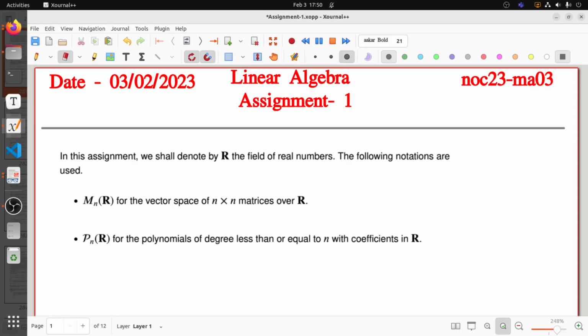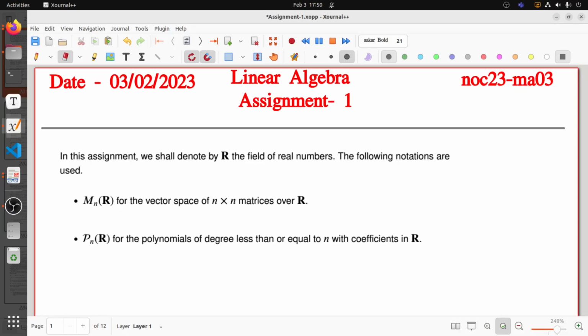Because U1, U2, ..., UK are in A, all the scalar multiples will be there. And as A is a subspace, the sum A1 U1 plus ... plus AK UK will also be in A, by the addition property, as A is a vector space. Right? So this is B.